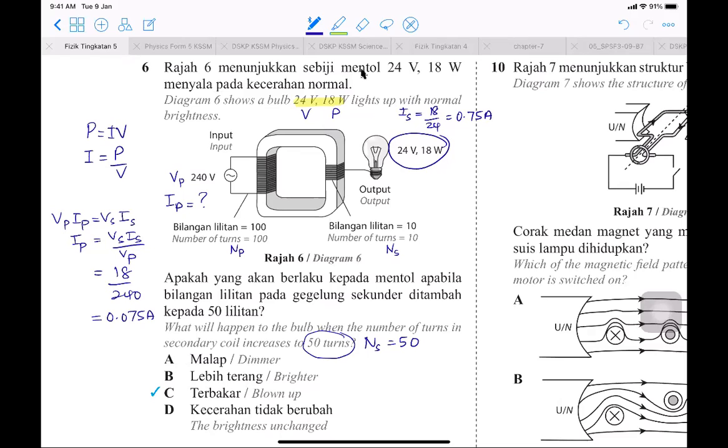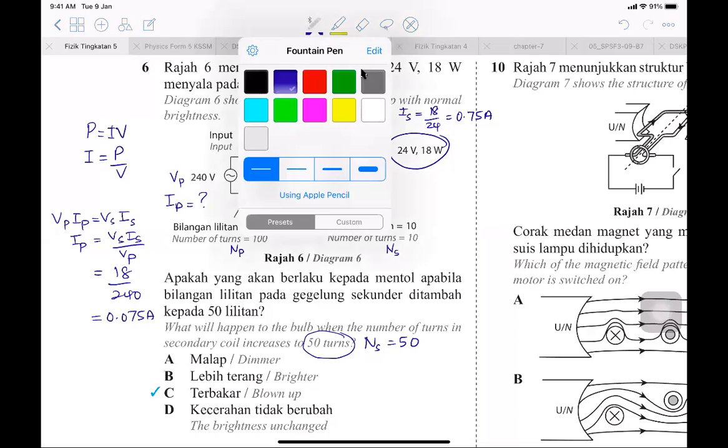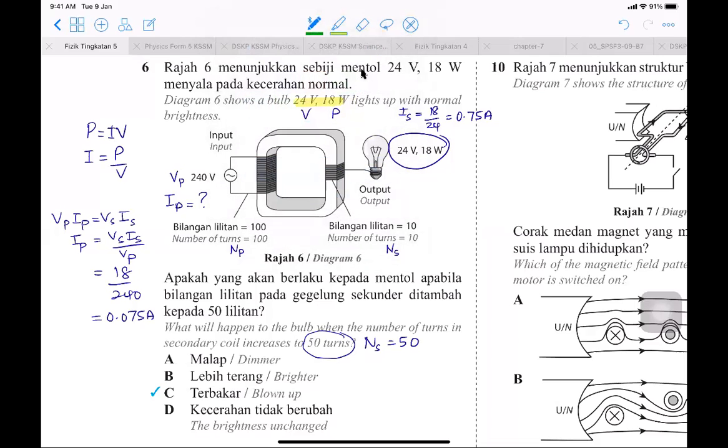Oke lah, if you are stuck with the calculation, actually kita boleh determine dia punya outcome. So macam yang ini kan, the output current or the current in the secondary coil is equal to 0.75 ampere when the number of turns is 10.